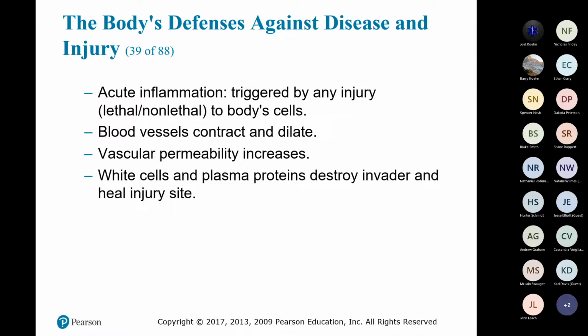So an acute inflammation is triggered by any injury, whether lethal or non-lethal to the body's cells. And when I say cells, I'm talking tissues, organs, systems, whatever it could be, right?